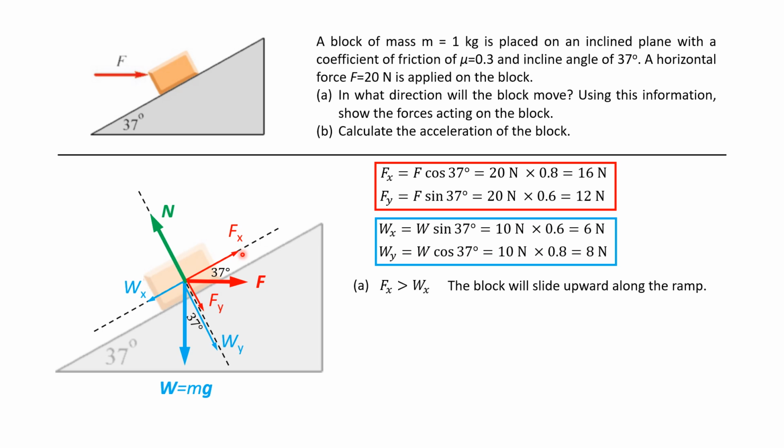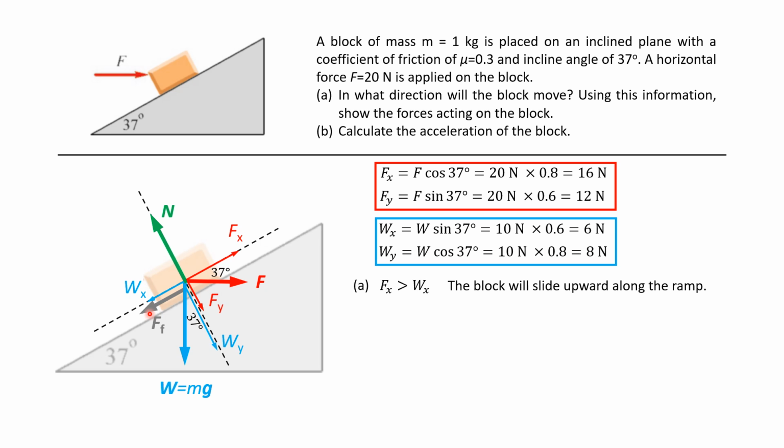If the block moves in this direction, then the friction force has to be in the direction opposite to the direction of motion, and now we can draw the friction force. So we have completed drawing all the forces involved in the motion of this block: F, which is given, the weight, the normal force to the surface, and a friction force in the direction opposite to the motion.